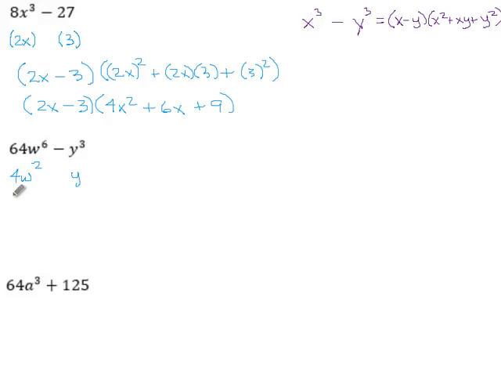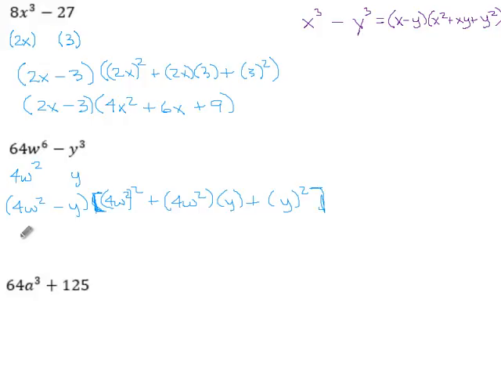It should tell you that we do first minus second, 4w squared minus y. Then we do first squared, which means 4w squared, squared again, plus first times second plus second squared. I wish I'd made these square brackets from the very beginning to differentiate them a little bit.